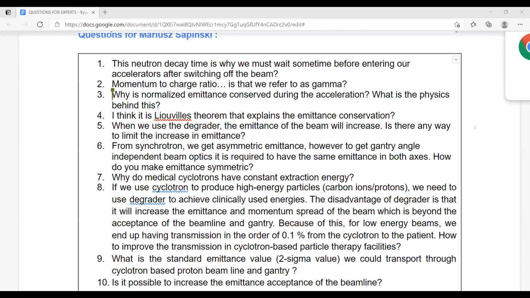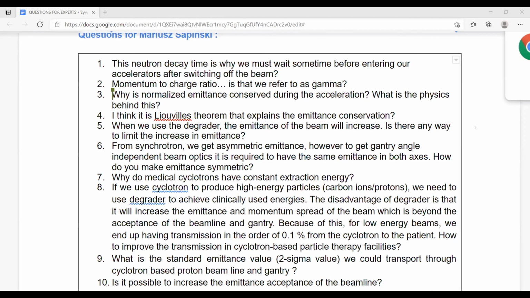You cannot avoid it, but you can minimize it this way. In order to understand that, maybe contact me, it's a very simple drawing, but I really have to draw it to explain it. Otherwise, of course, after the degrader, we have collimators which remove a large part of the beam. In cyclotrons, sometimes even 90% or 99% of the beam is actually useless and is removed in order to get the beam that gets to the patient.